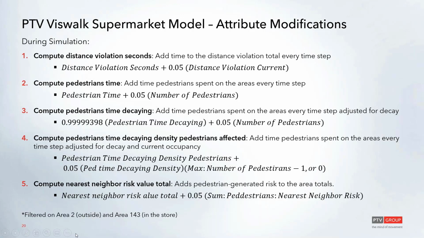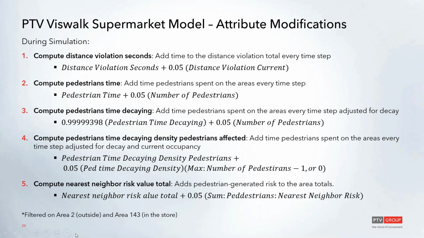And then we took it a step further and wanted to give you an example of what happens if we have a decay rate that's based on the volume of the space, right? So we have one that's based on the current density of the pedestrians versus the size of the space. And then finally, we have one that's computing the nearest neighbor risk value.